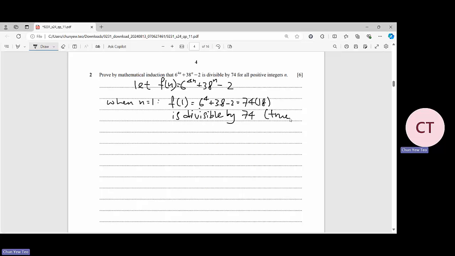So it's true for n equals 1. Then assume true for n equals k. So if we assume n equals k is true, that means f(k) equals 6 power 4k plus 38 power k minus 2 is divisible by 74.